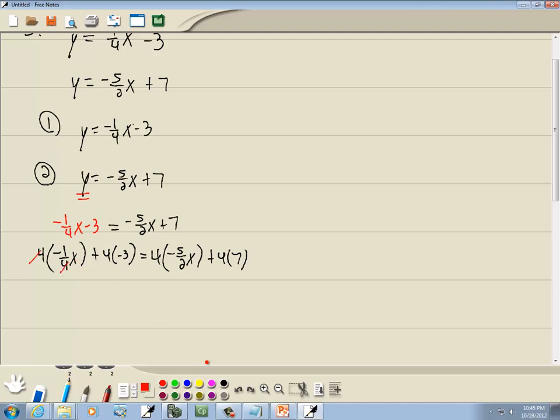Well, this 4's a cancel. 2 and 4 are both divisible by 2. 2 divided by 2 is 1. 4 divided by 2 is 2. So we got negative 1x minus 12 equals negative 10x plus 28.